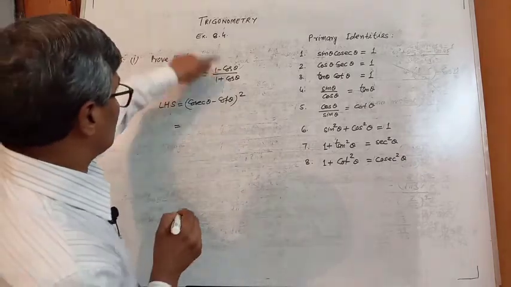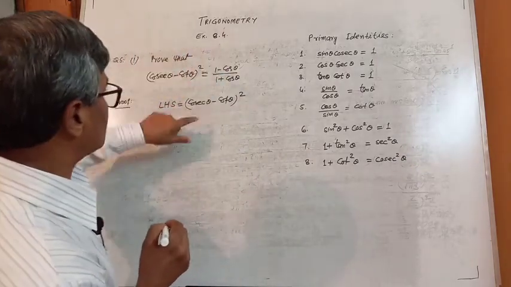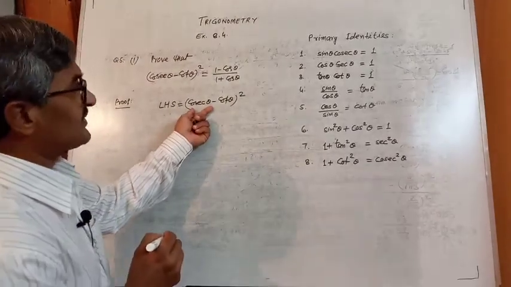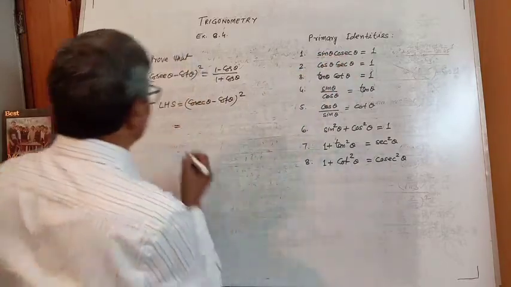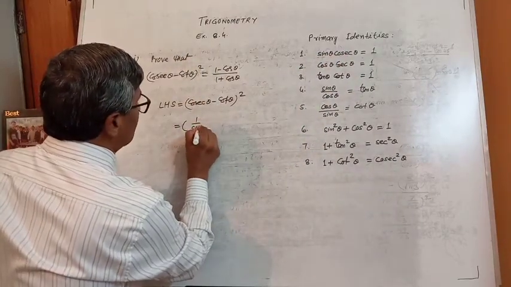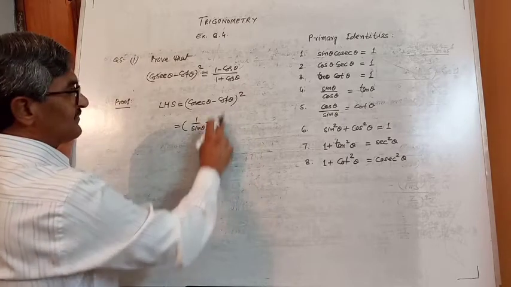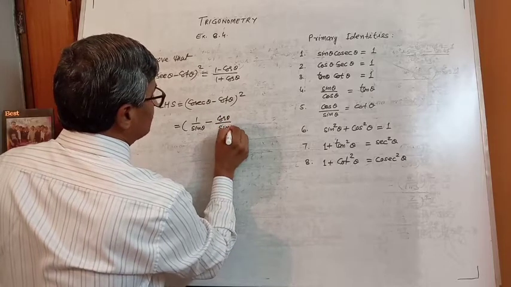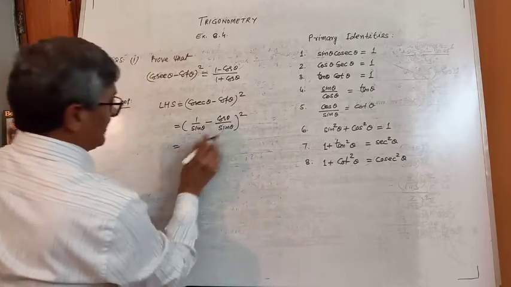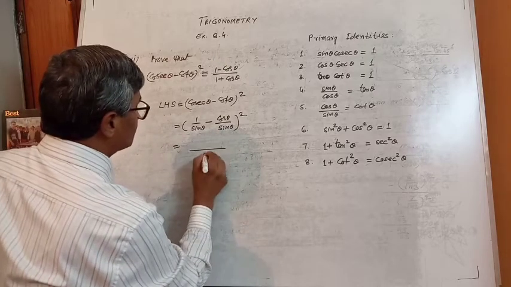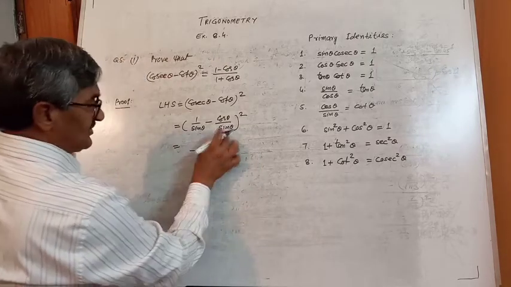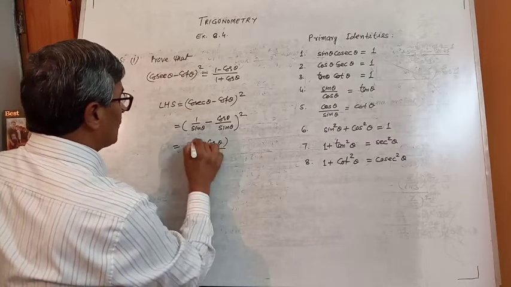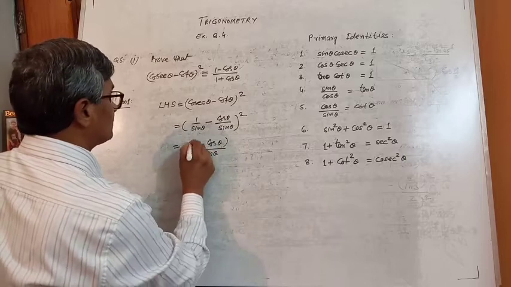Now we have to show it in the form of sine and cos, so cosec becomes 1 upon sine theta, and cot becomes cos theta upon sine theta, whole square. Leave it in the bracket and take the LCM. The denominator is the same, so we can directly write (1 minus cos theta) upon sine theta, whole square.